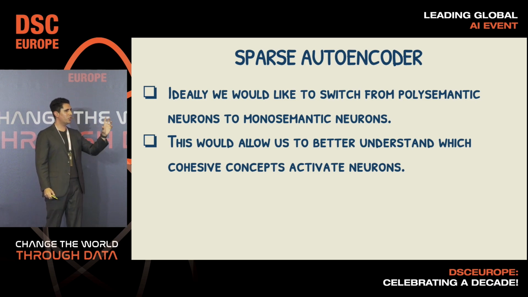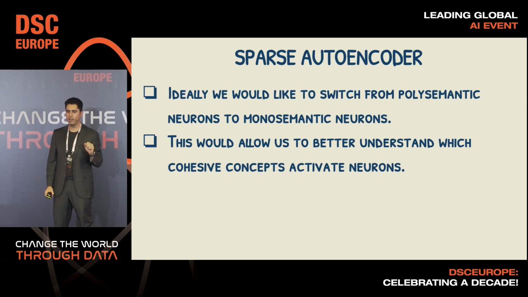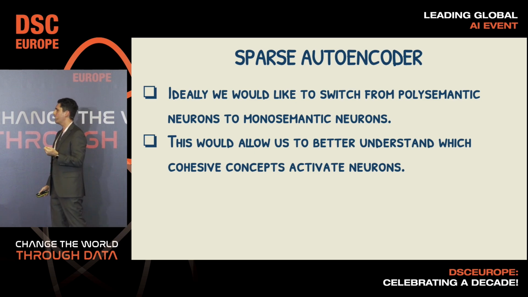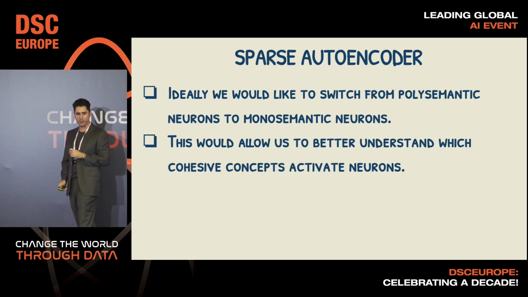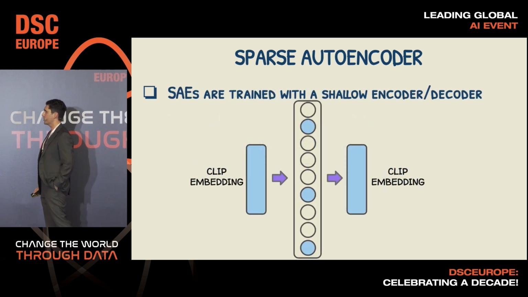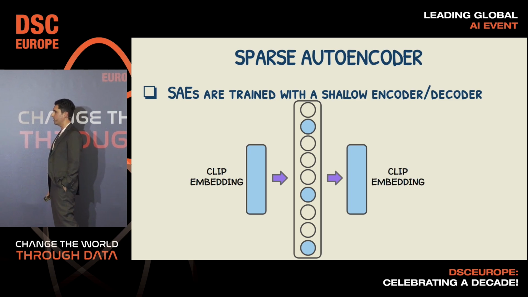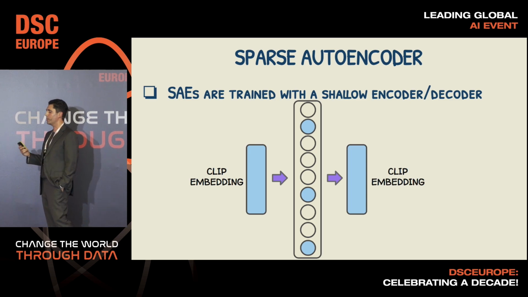So you have one neuron that only represents one topic, or one set of neurons that only represents one topic. And from a human perspective, that would allow us to better understand which cohesive concepts actually activate the neurons. So this is where we use a sparse autoencoder, which are very popular in the field of mechanistic interpretability and being able to steer models to particular outputs.